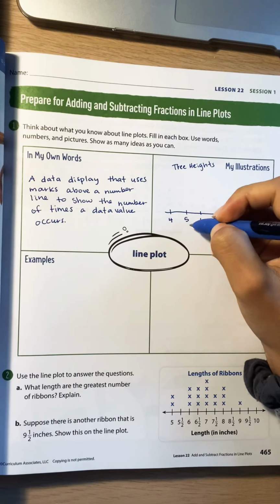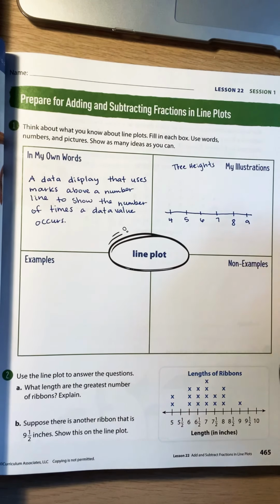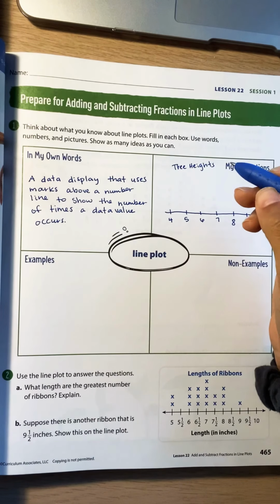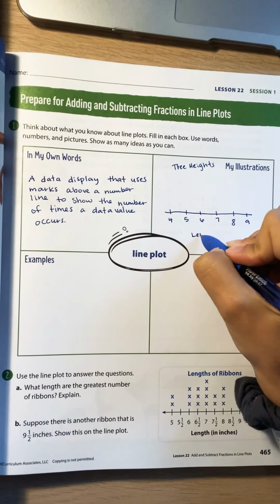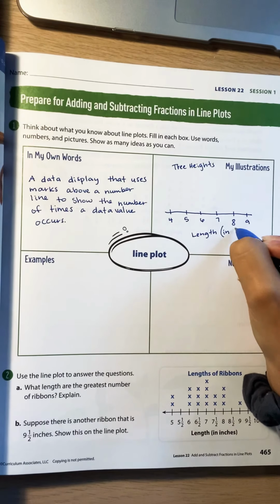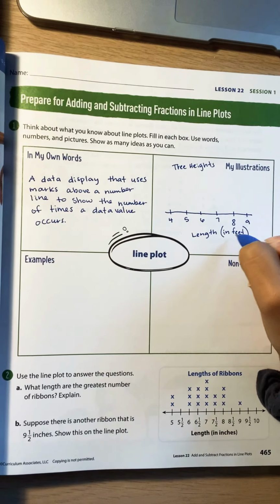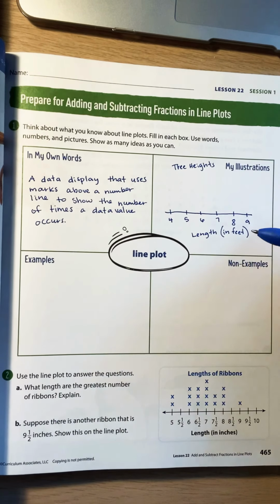This is not a good example because these are not fractions. Oh well. 8, 9. Okay. And then you label the bottom, length in feet. Usually in parentheses you write, is it feet, is it inches, is it centimeters? You know, what unit are you measuring in?